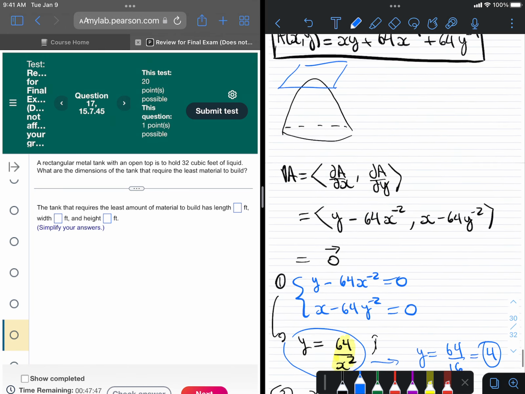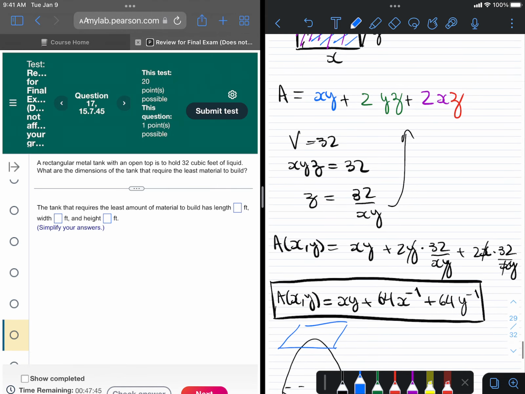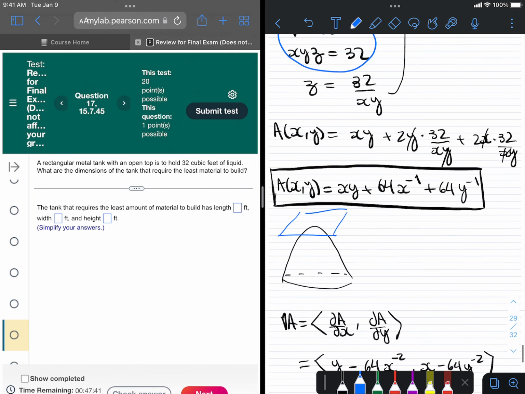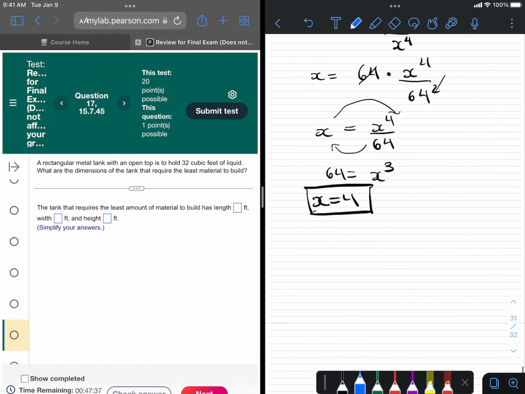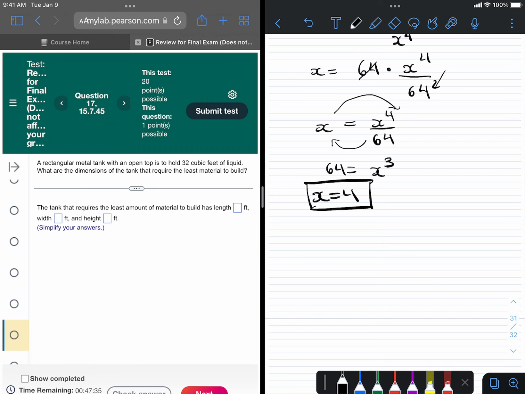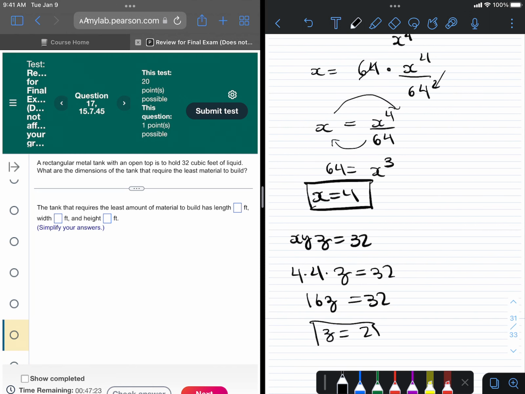And then to end up, remember the fact that the volume had to be 32 allows you to find z. So xyz equals 32. That means 4 times 4 times z equals 32. 16z is 32, z equals 2.